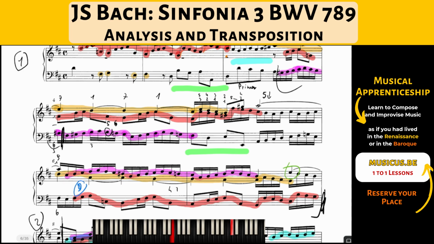Modulating primer. And you have transposed it, just the first 4 bars this way. Then in F major, okay.